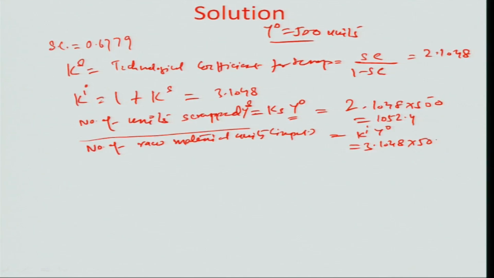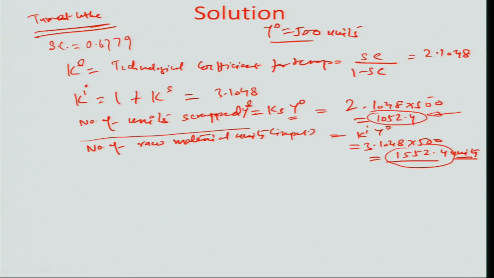This can be recorded as 1552.4 units. So you can see that just by a certain process selection for the first case, which is the turret lathe, you have a scrap quantity which is almost double the number of the output which has been planned. Therefore, in order to make a 500 unit output, you have to scrap about 1000 plus parts in the particular system if you were to choose a turret lathe.